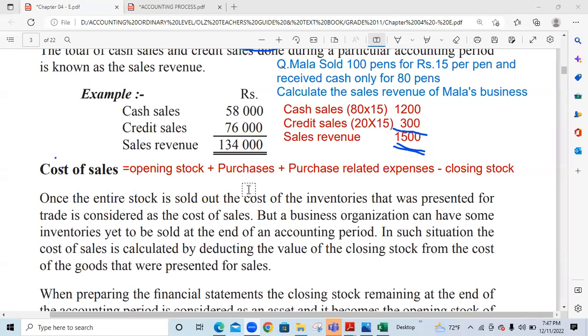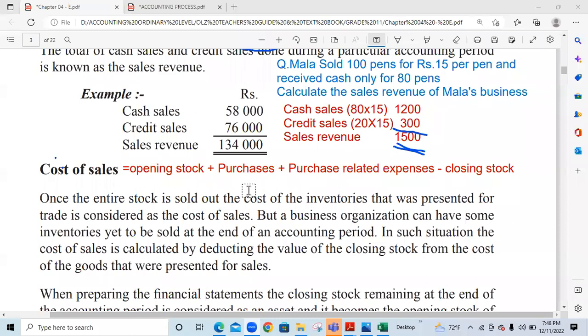Okay, so guys, now see here below this, can you write a question or an example? Maybe example. Wait, I'll make a very simple example just to make you all understand. So guys, below cost of sales, write an example.